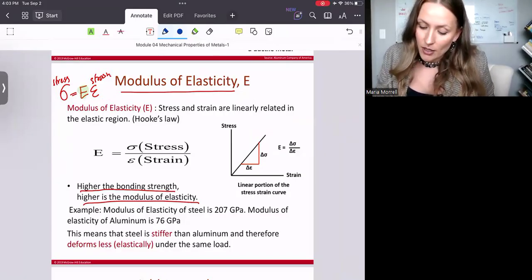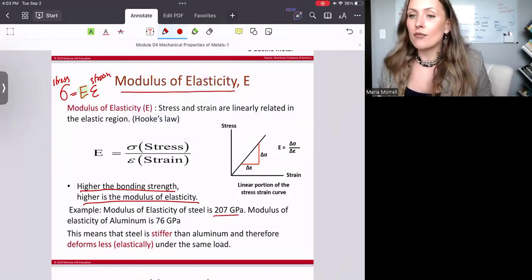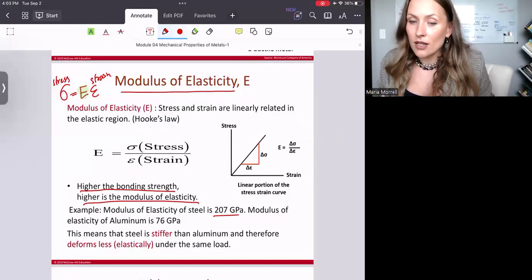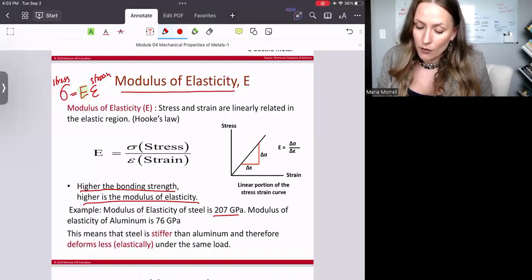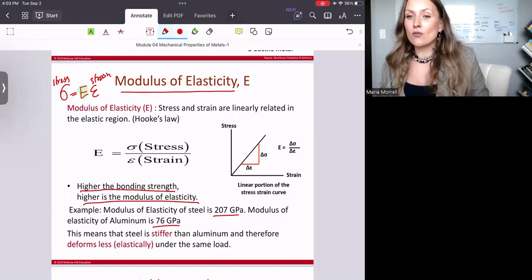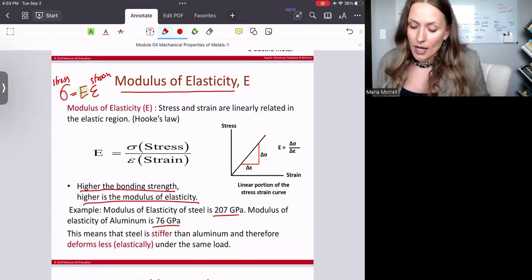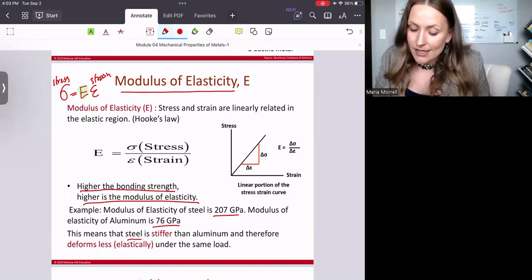Just as an example, the modulus of elasticity for steel is roughly 200 gigapascal. The modulus of elasticity for aluminum is 76 gigapascal, right? And this is why for many applications we go with steel and not aluminum. Why? Because steel is stiffer.